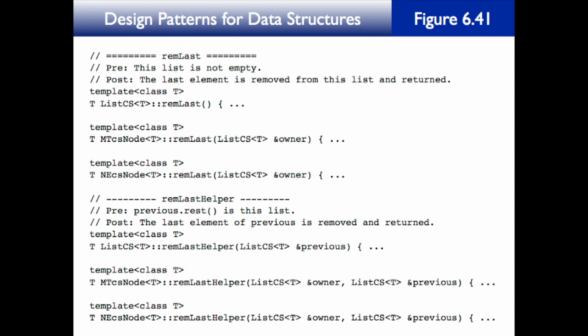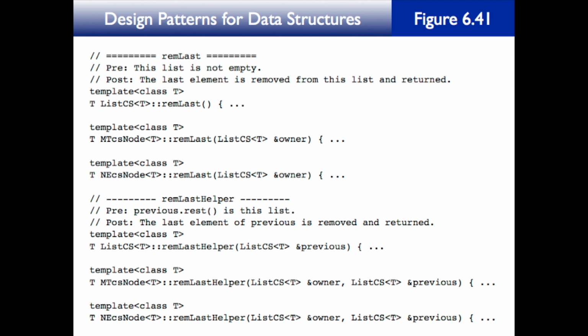Now, the next method that is a homework assignment is the remLast, which is the code shown in figure 6.41, and we'll do another little snapshot of the sequence of events of calls that happen to do remLast. So first let's take a look at remLast and then remLastHelper.